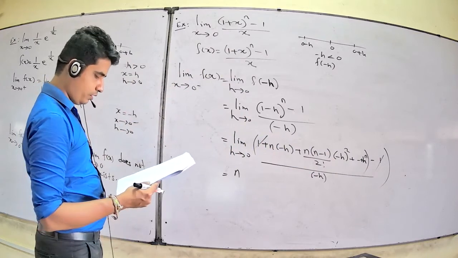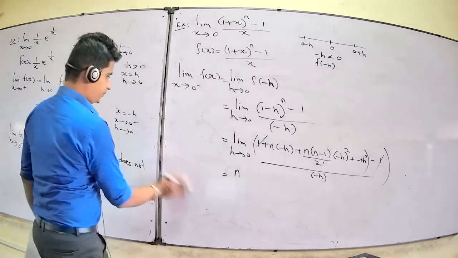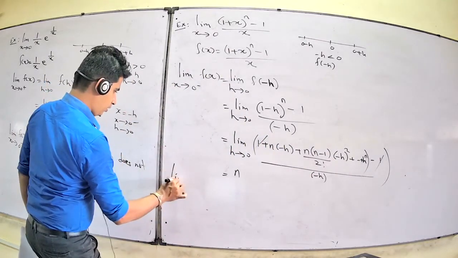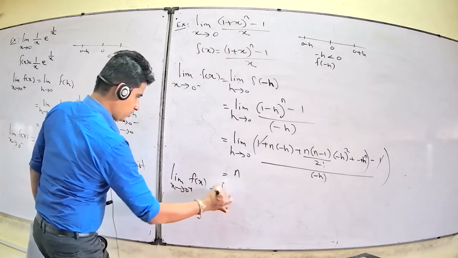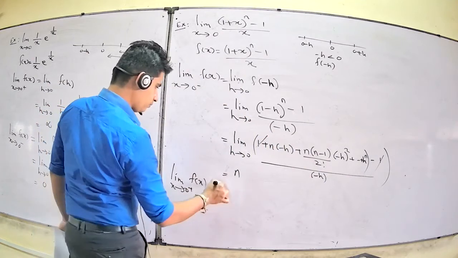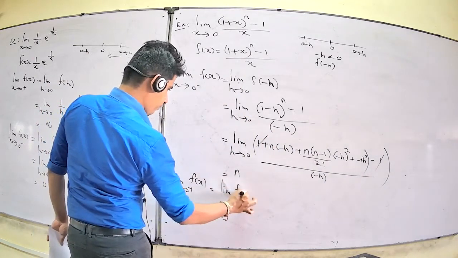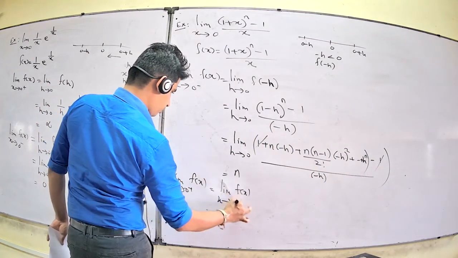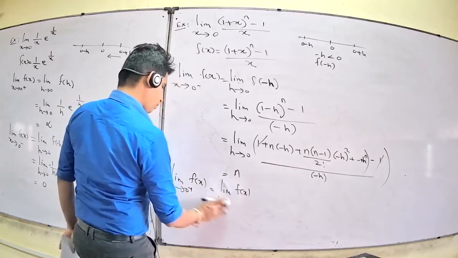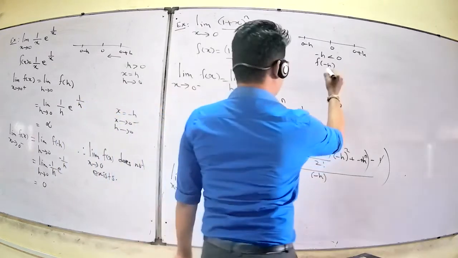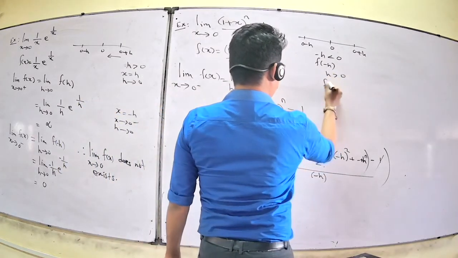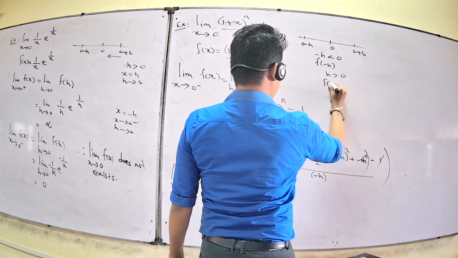For the right limit, the limit of f of x as x tends to 0 plus, similarly, suppose h is positive, therefore we take f of plus h.